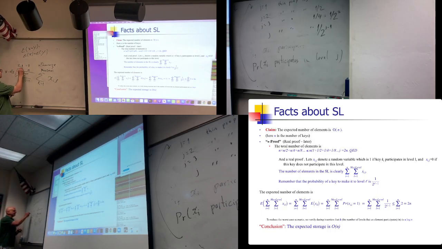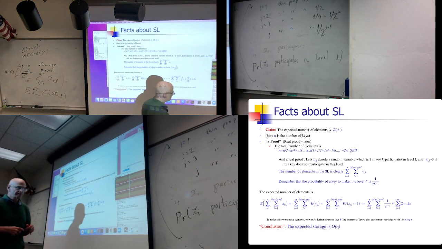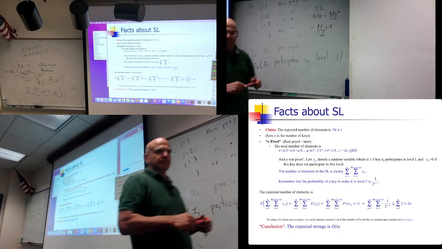So now when I ask what is the expected value of the overall number of elements, repeating the same experiment multiple times, it is just the same double sum of the expected value of x_{i,L}. OK.